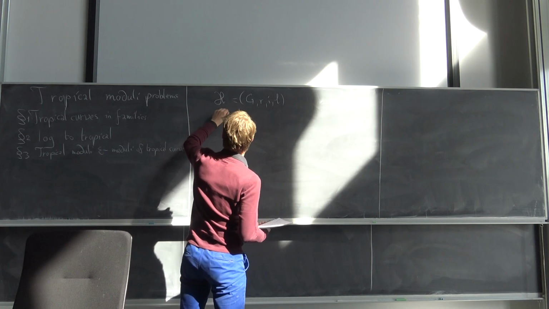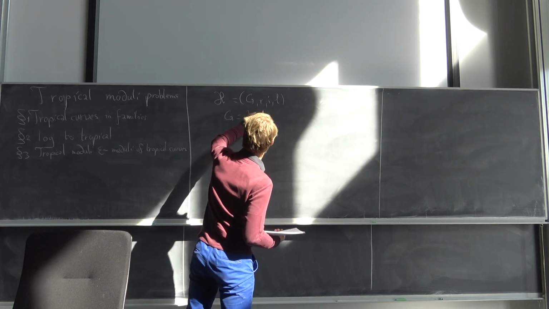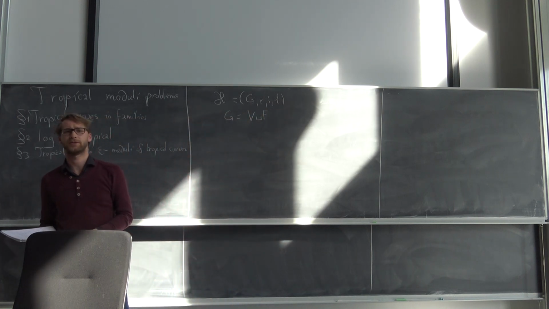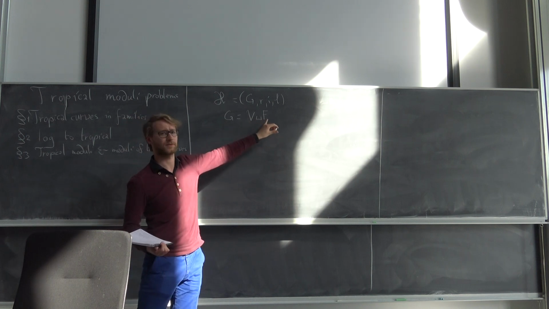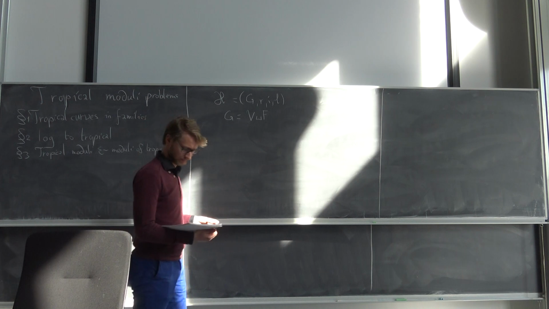Well, actually, I can introduce an extra notation now. So G is a set which I'll divide into two parts: vertices and flags, which are also called half edges sometimes.